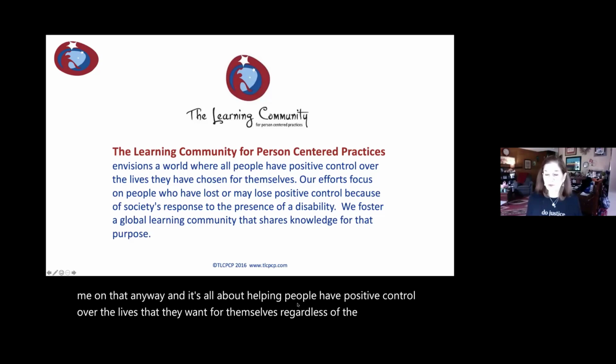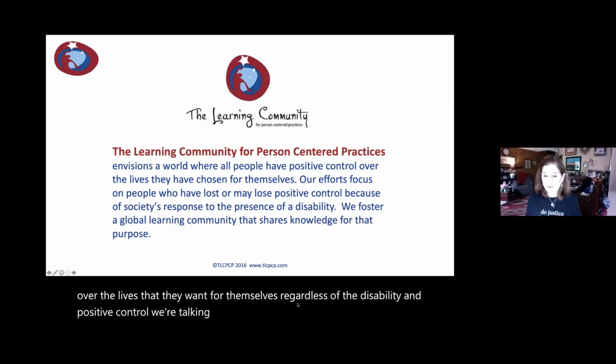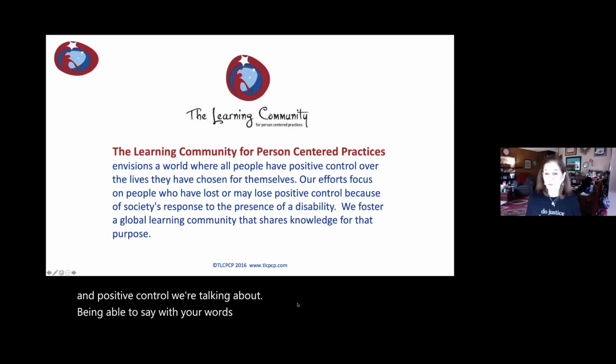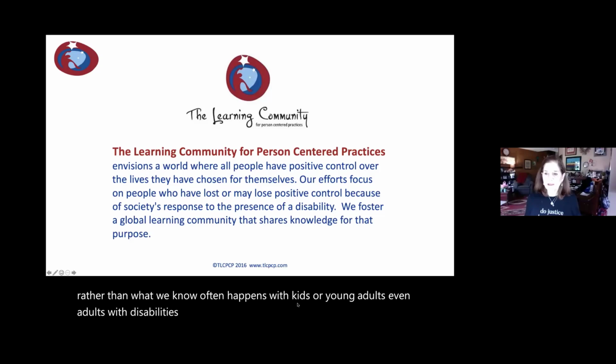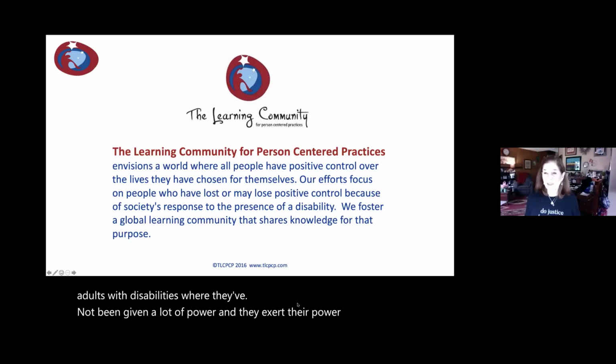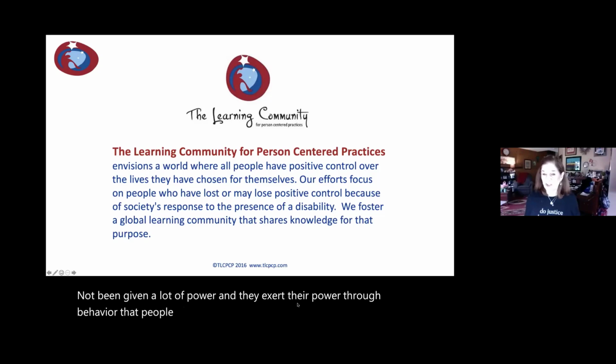And positive control, we're talking about being able to say with your words or your behavior what works for you, rather than what we know often happens with kids or young adults, even adults with disabilities, where they've not been given a lot of power and they exert their power through behavior that people find challenging.